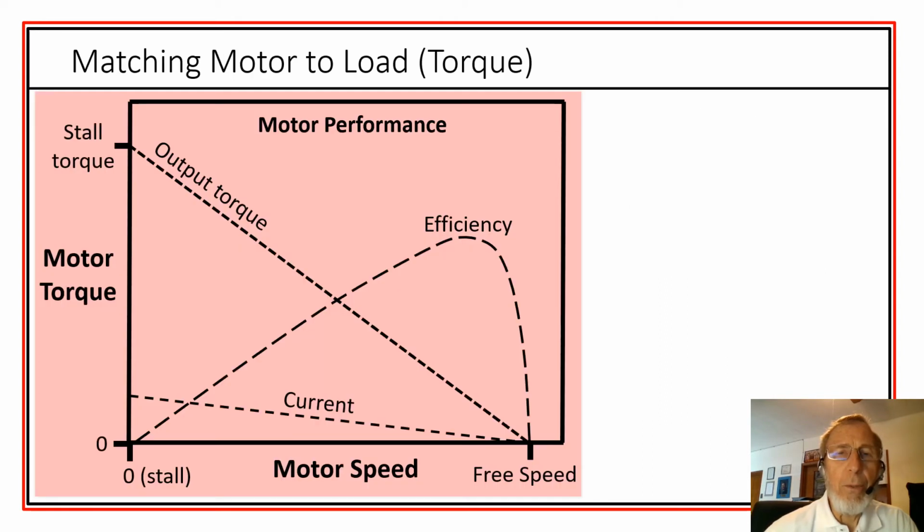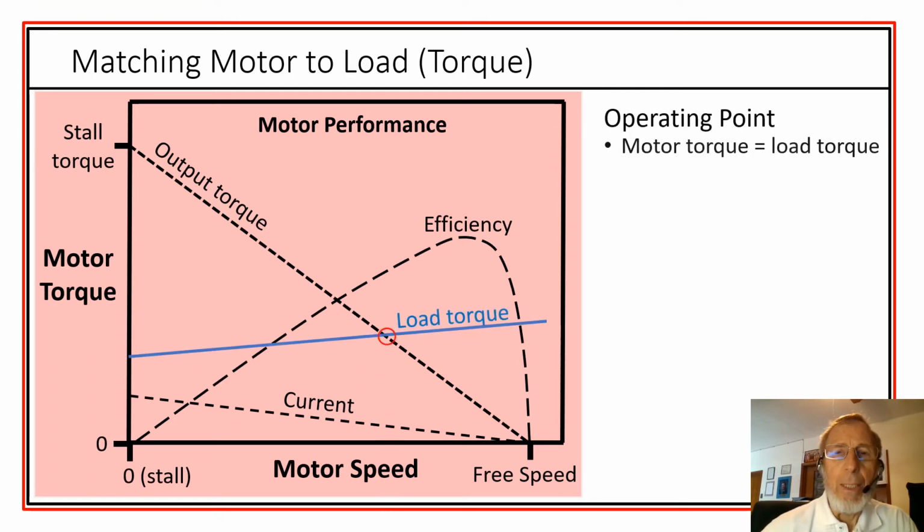So if we understand what the motor characteristics are, how do we use this to match the motor to a load? The operating point is the set of conditions at which the motor is operating when it's in equilibrium with the load. So shown in this diagram, we have a load indicated by the blue line.